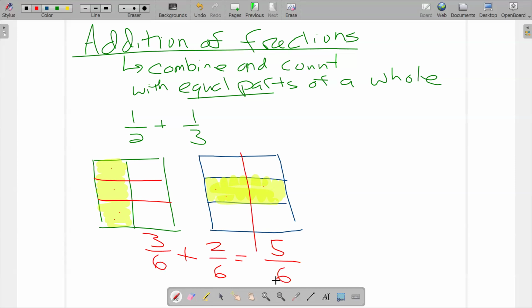So my point is, because addition means combine and count, and because a fraction is an equal part of a whole, you can only add if you have a common denominator. And it turns out subtraction works the same way.